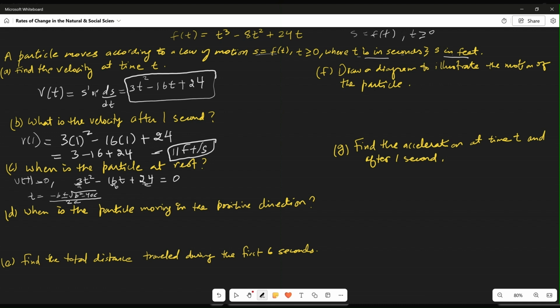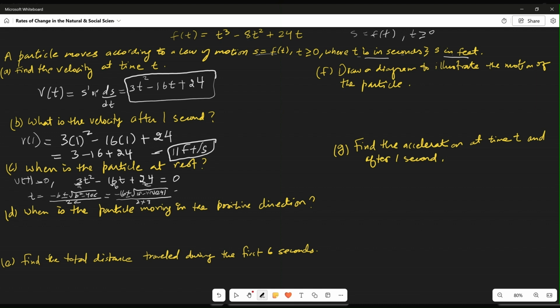You just plug in the values here. So b is 16 here: negative 16 plus or minus the square root of 16 squared minus 4 times a, which is 3, times c, which is 24, divided by 2 times 3.